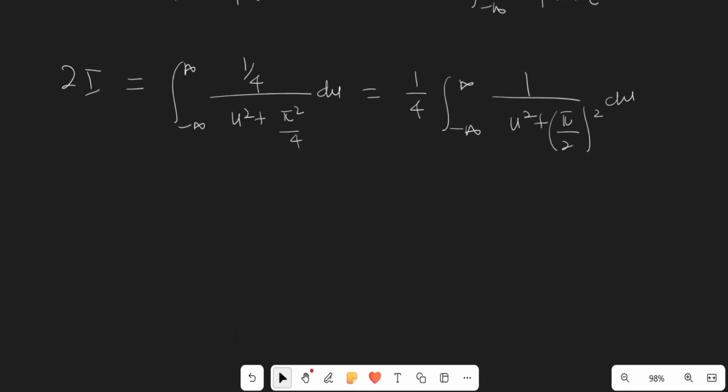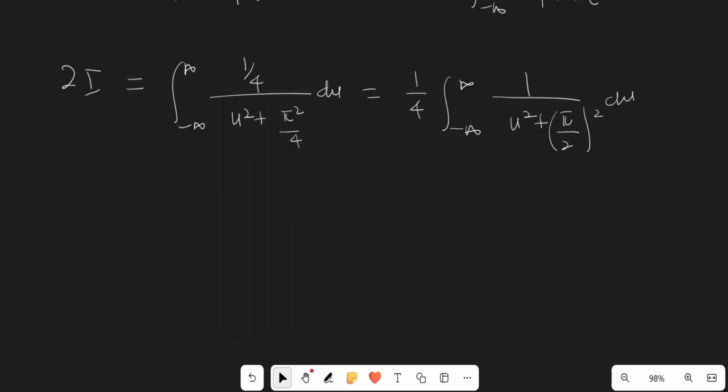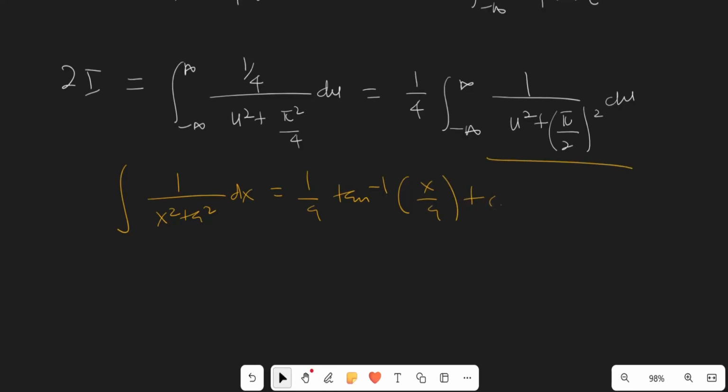So we know that the integral of 1 all over x squared plus a squared dx is 1 all over a times the tan inverse, or the arctan, of x over a. So this looks like this. Our x here is equal to u and our a is equal to pi over 2.